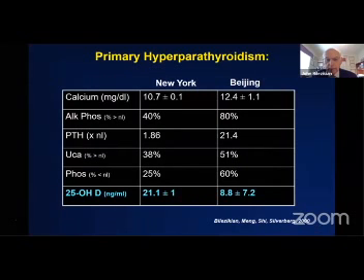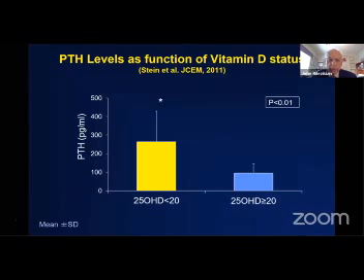And the telling point of these two experiences is shown at the bottom of this table. That is, the 25-hydroxyvitamin D in the Chinese experience was markedly low at 8 nanograms per ml, whereas in our experience, the 25-hydroxyvitamin D was substantially higher at 21 nanograms per ml.